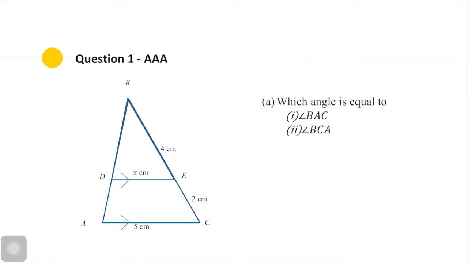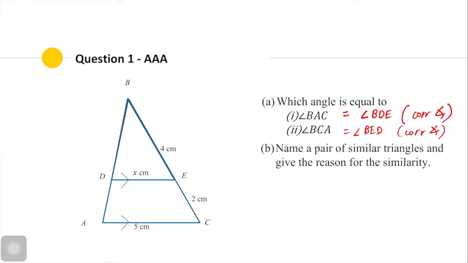So part A, which angle is equal to angle BAC? Angle BAC is equal to angle BDE, because of corresponding angle. And angle BCA is equal to angle BED, for the same reason, corresponding angle.